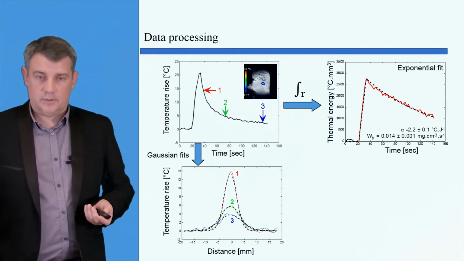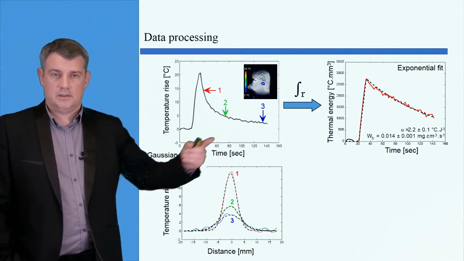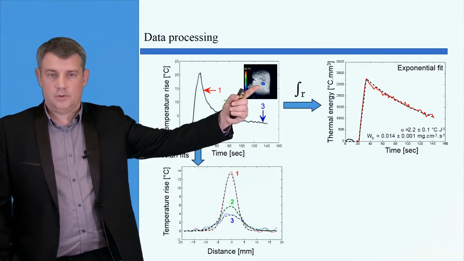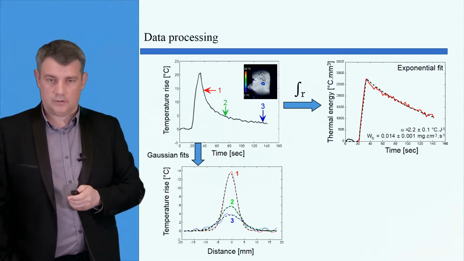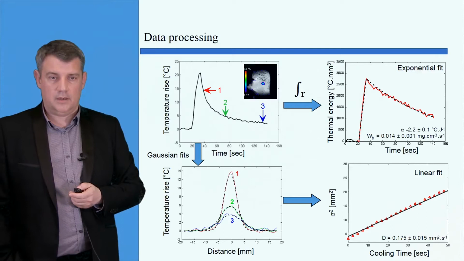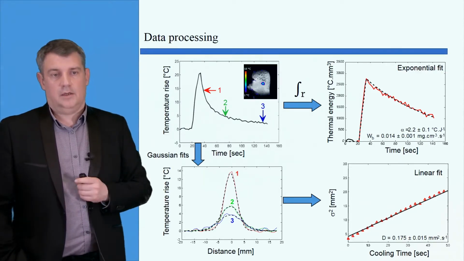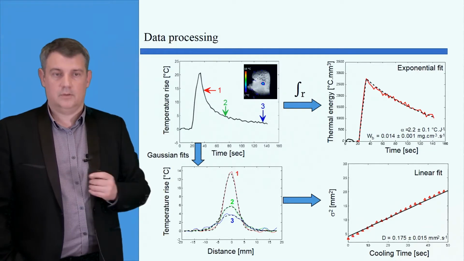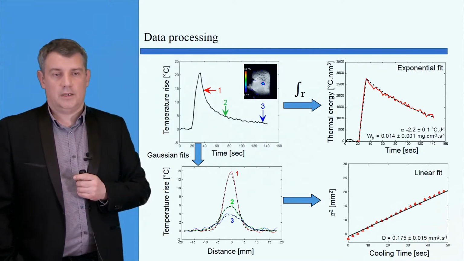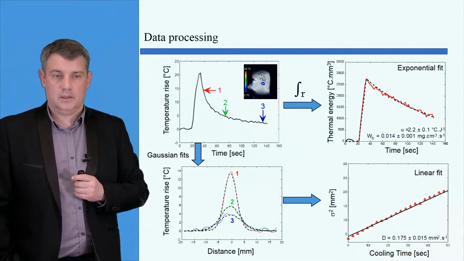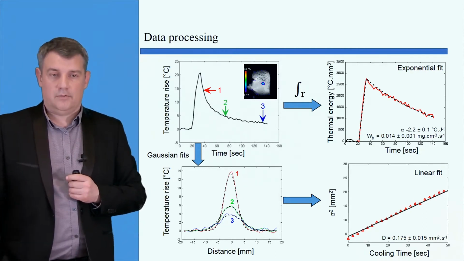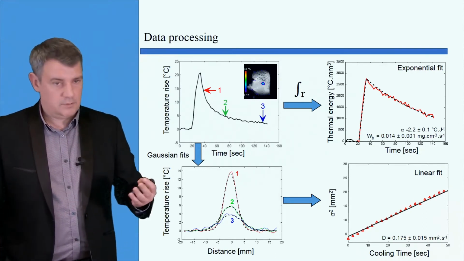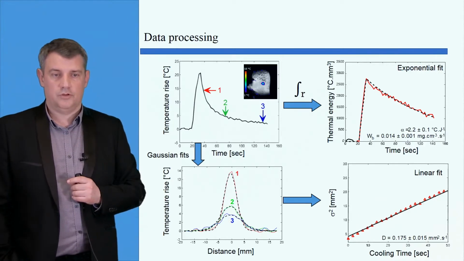So you can, for example, model this spatial distribution of temperature with a Gaussian function at each time point, and then plot the variance of the results of the fit as a function of time. And you can show theoretically and experimentally that we have a linear increase with time, which is very commonly known for a diffusion phenomenon.